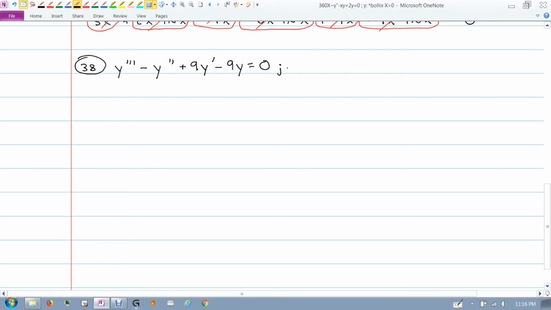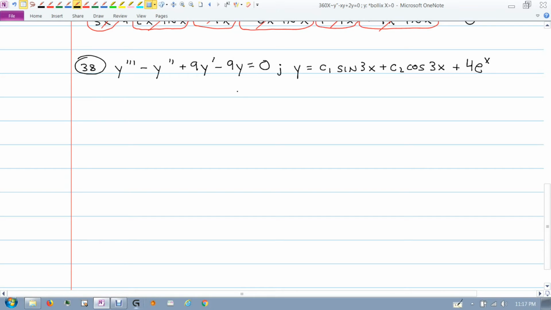And I've got y is equal to c sub 1 sine of 3x plus c sub 2 cosine 3x, and then plus 4e to the x. All right, I need a third derivative here.